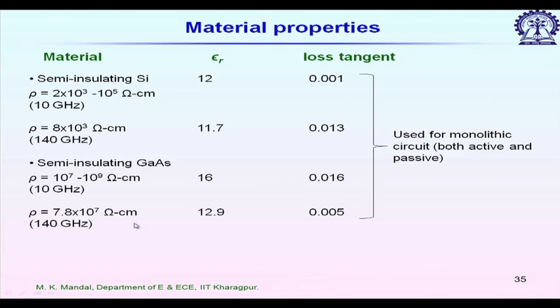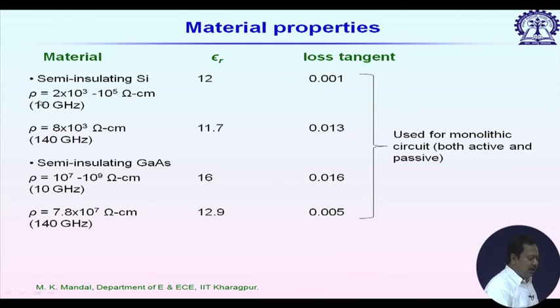Semi insulating silicon, typical rho 2 into 10 to the power 3 to 10 to the power 5 ohm centimeter. This value is given at 10 gigahertz and its epsilon r is 12, loss tangent is 0.001, not bad.